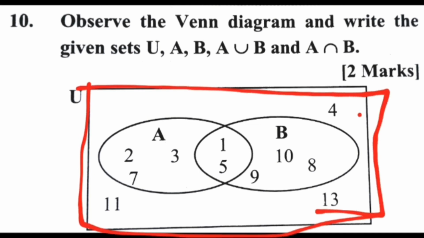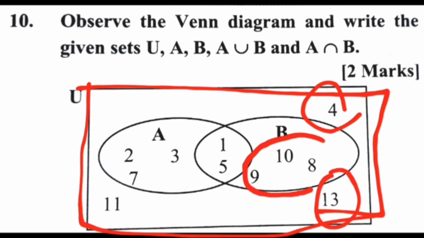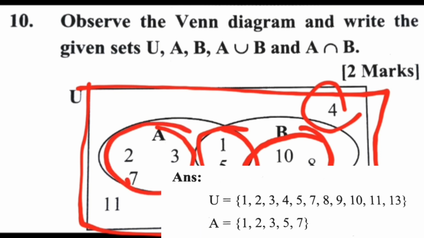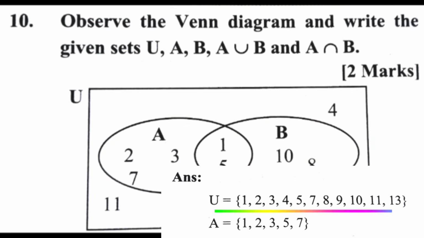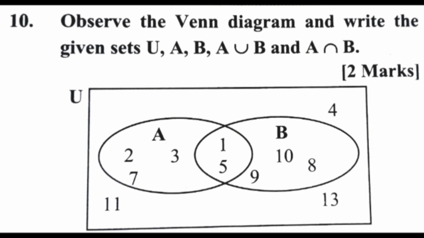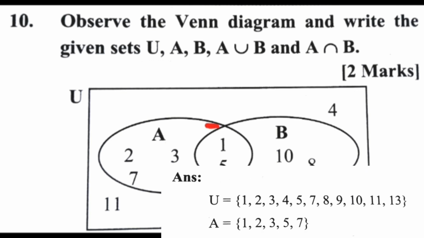Okay, so 4, 13, 9, 10, 8, 1, 5, 2, 3, 7 and 11. All these are the elements of universal set. Next, what are the elements of A? Elements of A is the elements present in this circle.